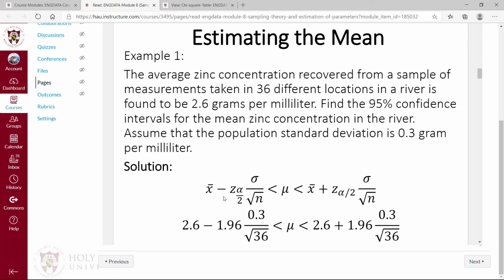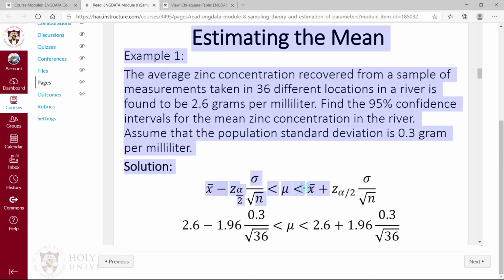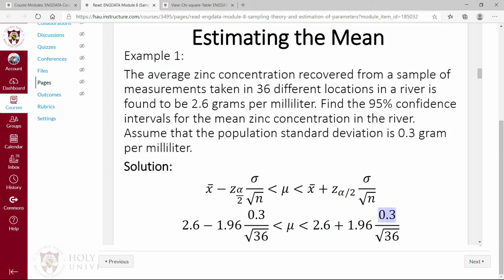So you'll have 2.6, and then the alpha level z-score. How did we solve for 1.96? Later on I will discuss this one. Standard deviation of 0.3, and n is 36. The same goes for the upper limit: 2.6 for the x bar, then 0.3 standard deviation, and n is 36.